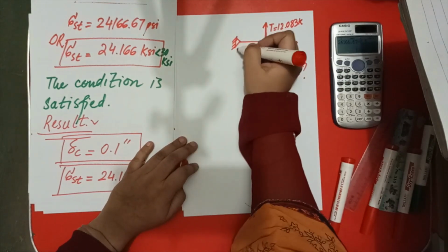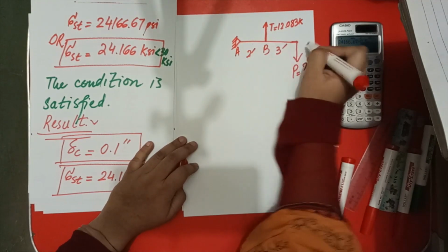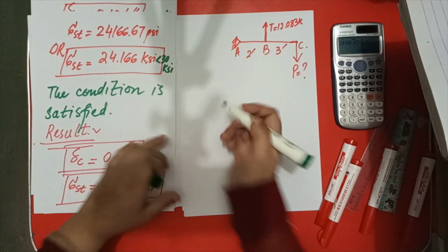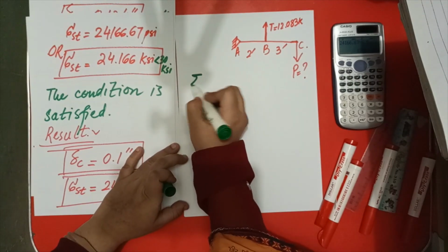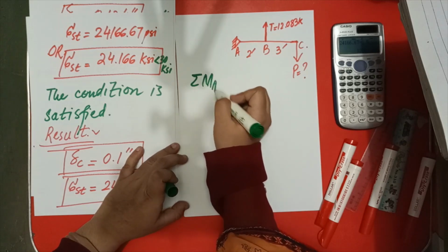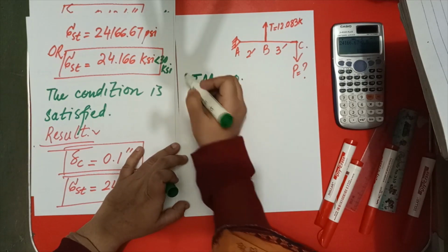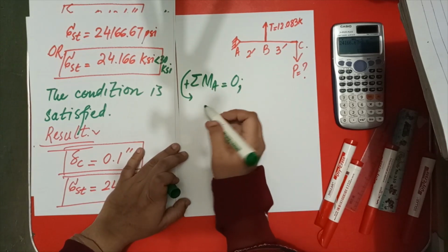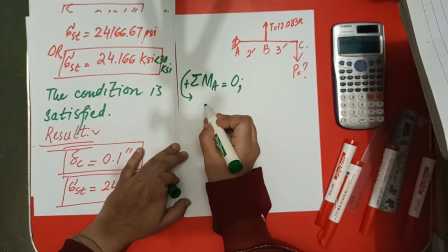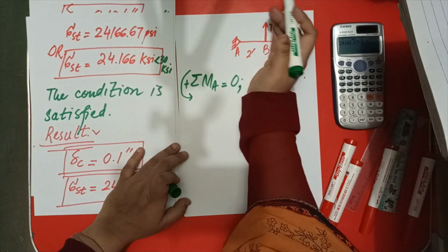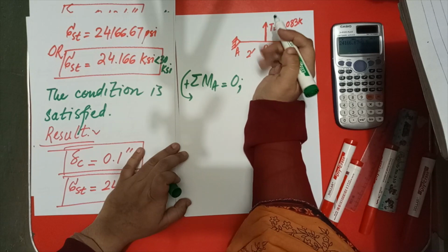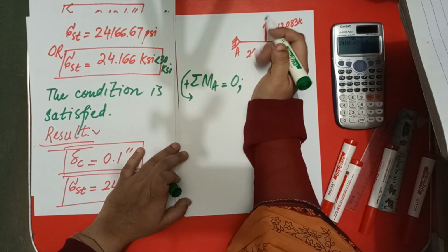Now we have to sum up the moment. This is point A, point B, and this is point C, and we are going to sum up the moment at point A. This is sigma plus. This direction is positive, so when I rotate it like this, this will be positive.